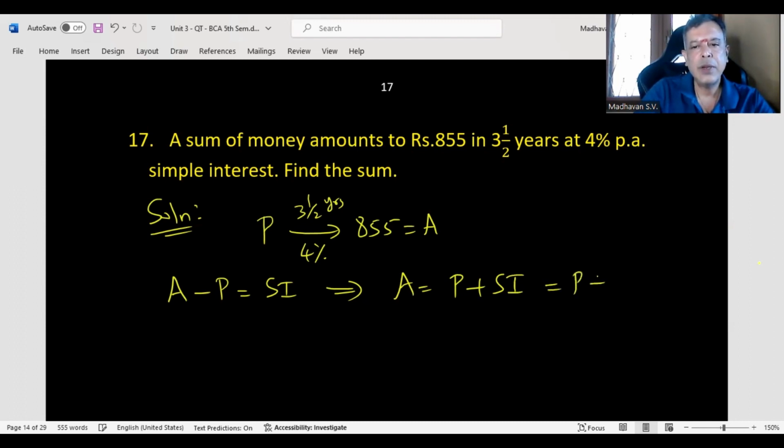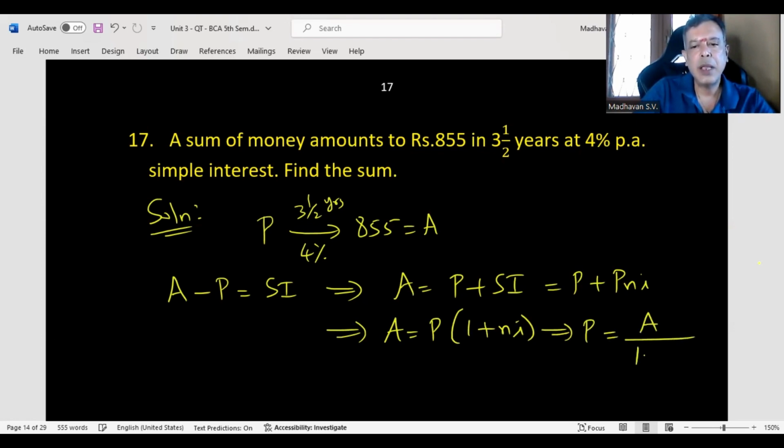And SI, we know it is P into N into I. So we can rewrite A as P times (1 plus NI), or P is A divided by (1 plus NI).